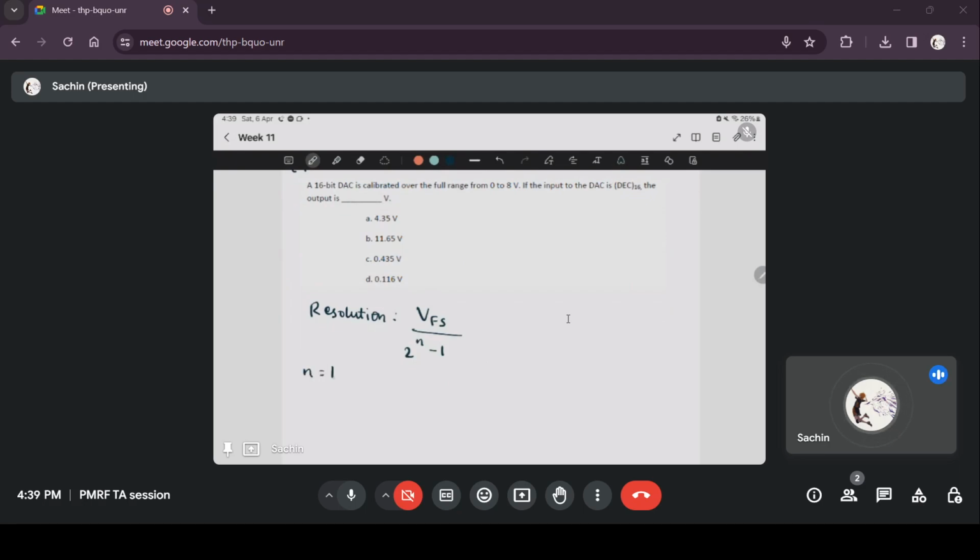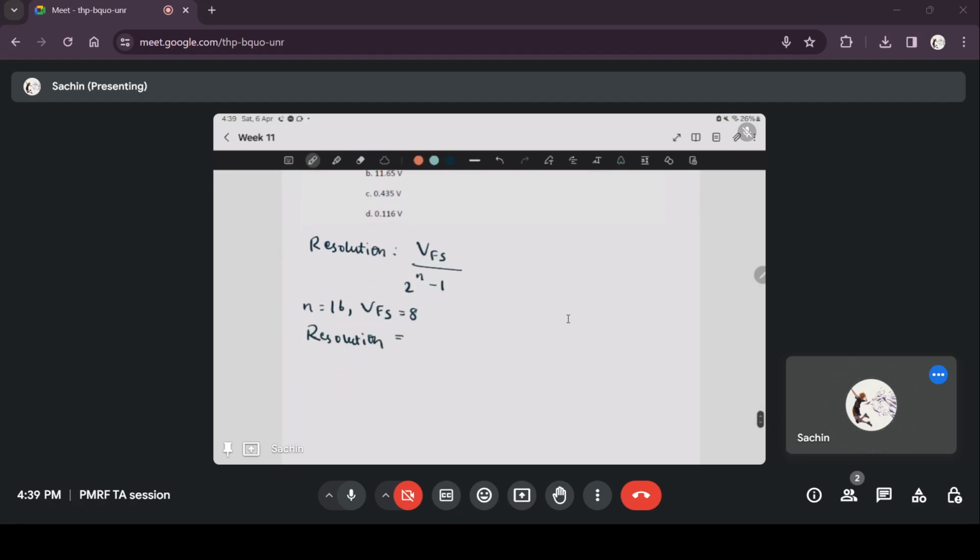N is 16, VFS is 8, so resolution is 8 over 2 power 16 minus 1.